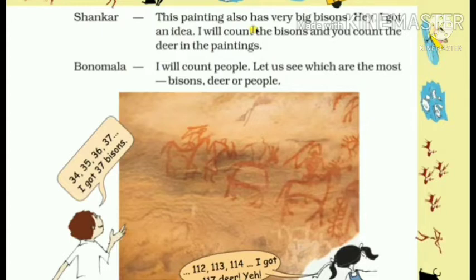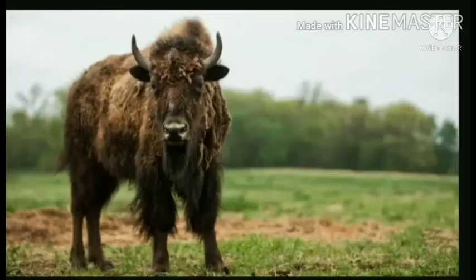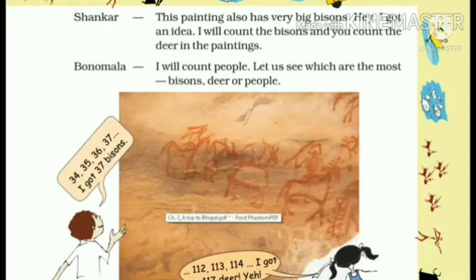So that time, one boy told it's about 34, 35, 36, 36. Oh, yes, I got 37 bisons. Okay, students, what do you mean by bisons? Yes, this is bisons. So, in that painting, how many bisons are there?